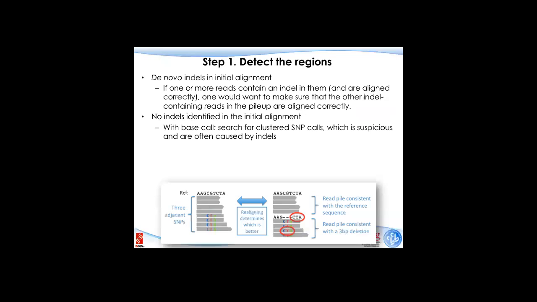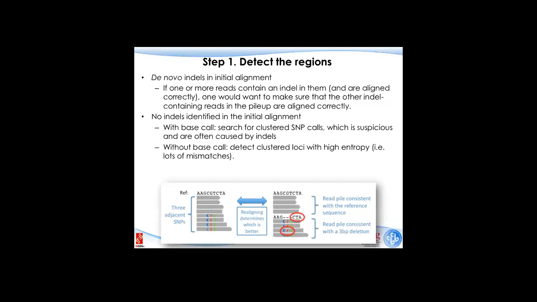And the second one is if there's no indel identified in a particular region, sometimes you may overlook it. But if you already did the base calling, and for some regions you just feel it's not right, you have identified many different SNPs across a very close area, that is an indication there may be a need for refined alignment in those regions.